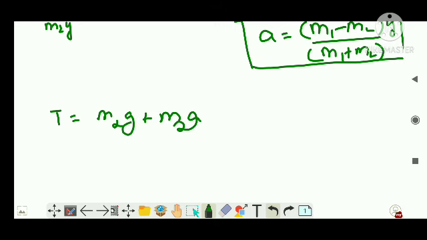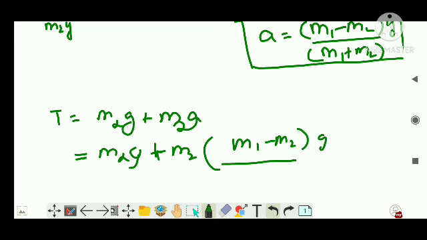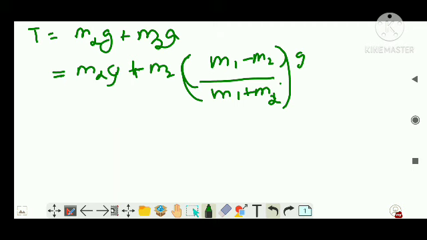You have found the expression for A right there, m1 minus m2 whole g divided by m1 plus m2. Now we will expand these things.